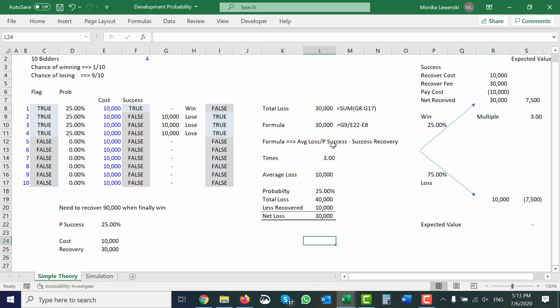I've got the average loss, which is this, divided by the probability of success minus the cost if you succeed. So that's the amount we need to recover, and then we can figure out the multiple from that. So I'm going to put this all on a separate page on my website, and of course this file as well.